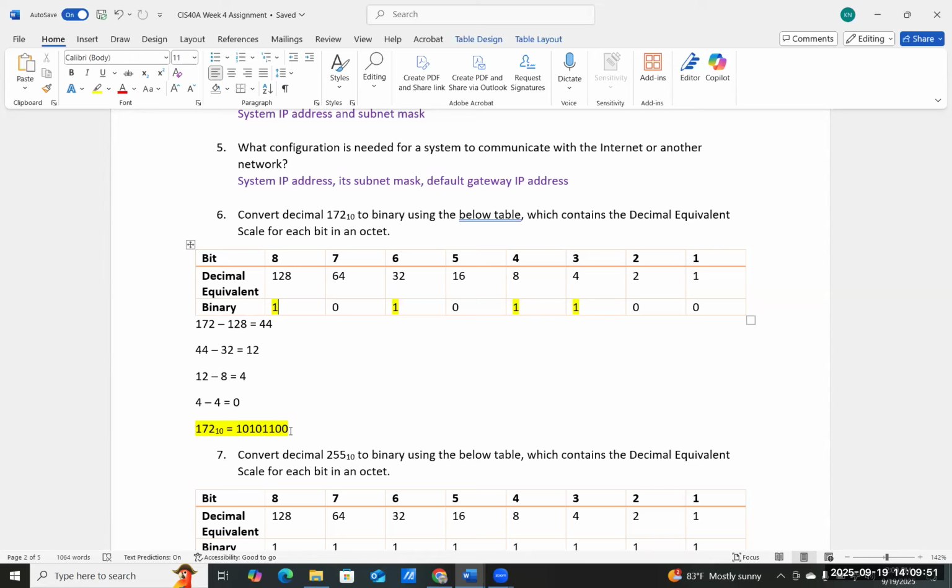The last 2 bits, I place 0 there. So a 172 in an IP address, the computer is going to see it as 10101100. And you see this on the router, you see this on the PC. So this is the equivalence.